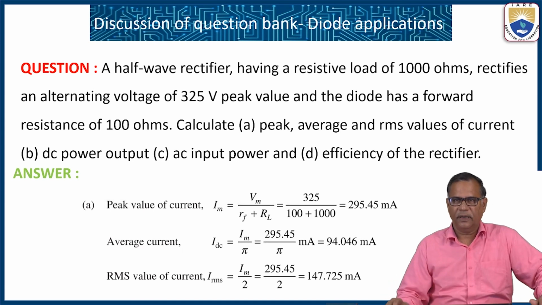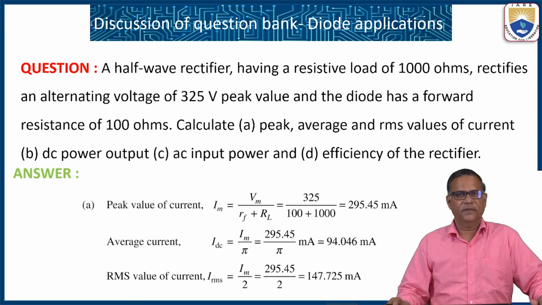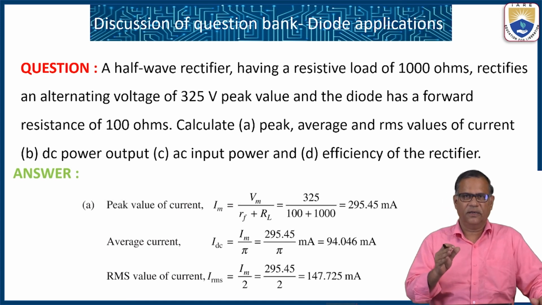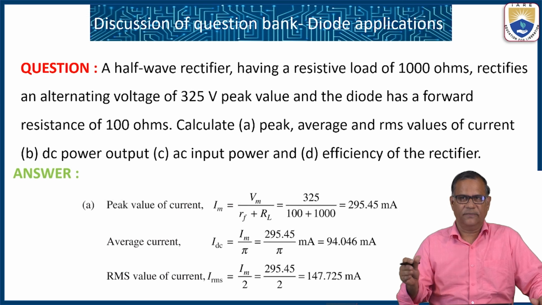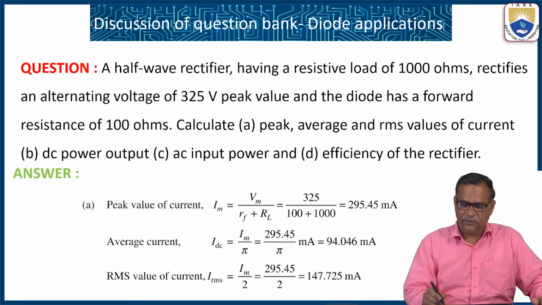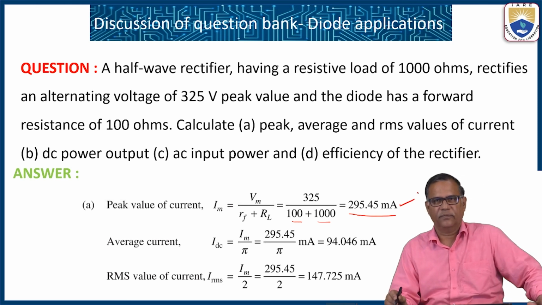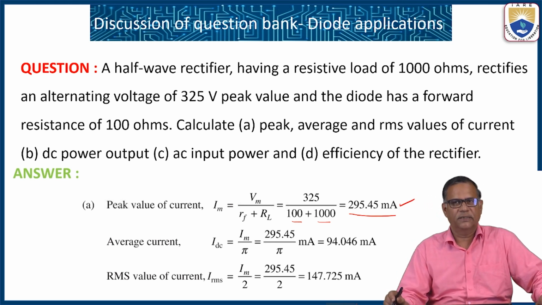Im is equal to Vm by Rf plus RL. Rf is the diode forward resistance and RL is the load resistance. So here that is equal to 325 divided by 100 plus 1000. So that is equal to 295.45 milliamperes. The average current is equal to Im by pi because it is half-wave rectifier.